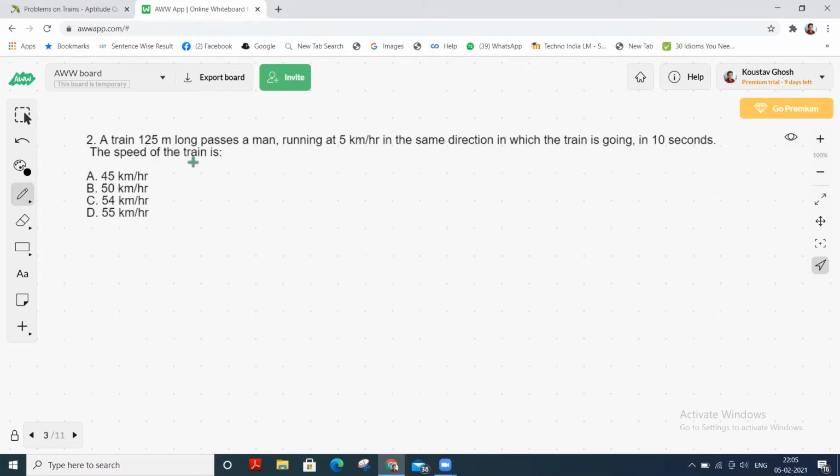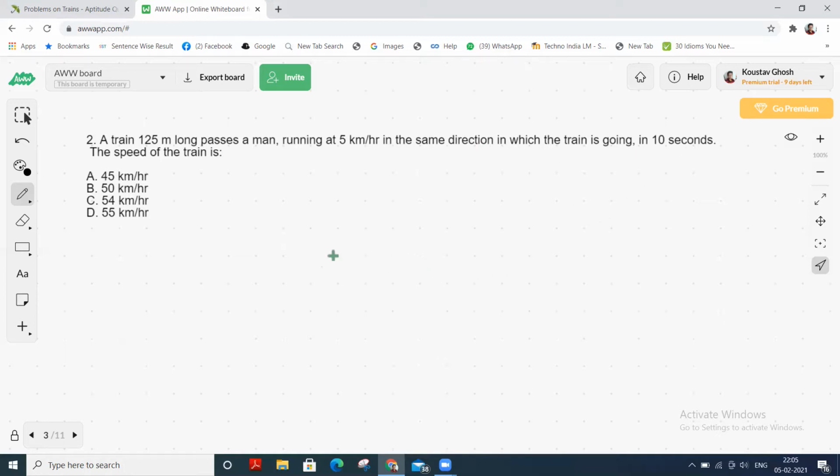A train 125-meter long passes a man running at 5 km per hour in the same direction in which the train is going in 10 seconds. Same type of question. So convert 5 km per hour into meter per second. Firstly, see the speed of the train relative to the man.